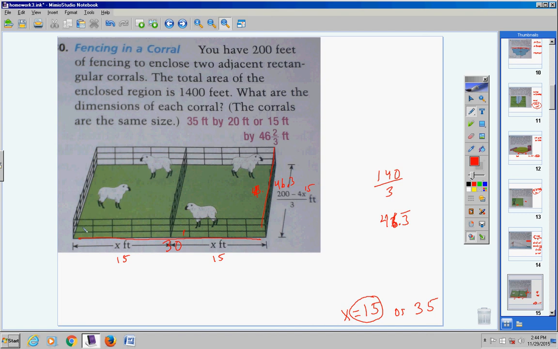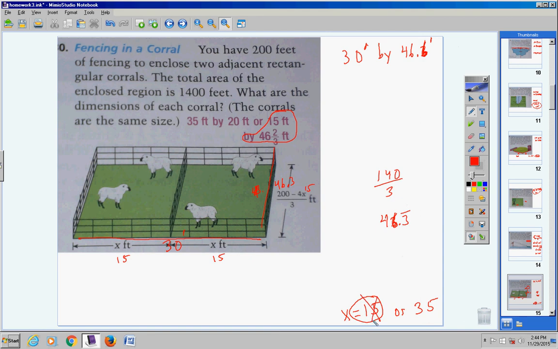Well, the corral would be 30 by 46.6. Wow, guys, I'm really sorry, but trust me, I'm not making this up. If you take your calculator and type in 140 divided by 3, you will get 46.6. So there's one answer right there: 15 by 46 and 2/3, and 2/3 is the same thing as 0.6.